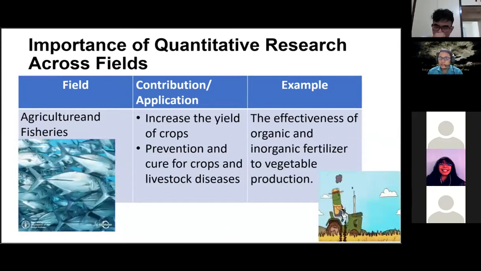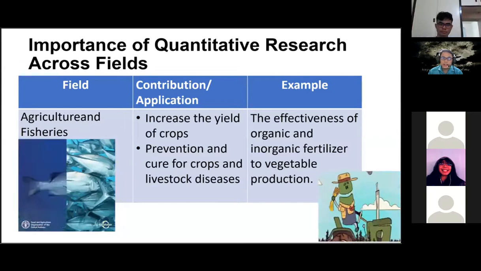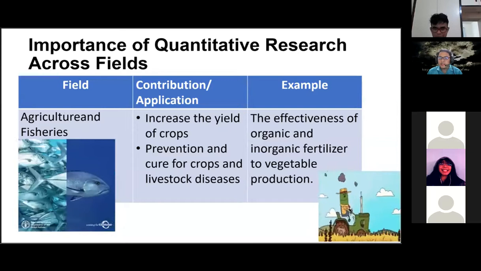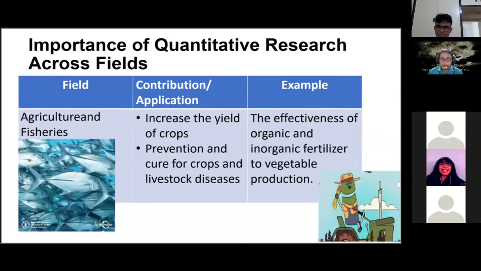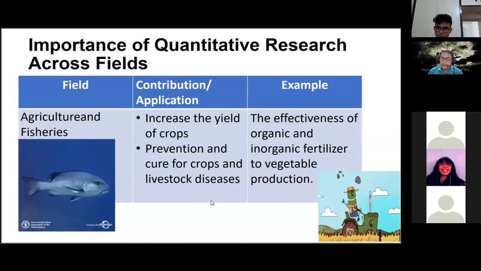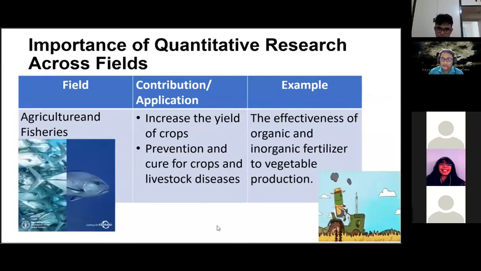Next, the importance of quantitative research across fields, in agriculture and fisheries. So what is the contribution of research for that? It increases the yield of crops, and provides prevention and cure for crop and livestock diseases.